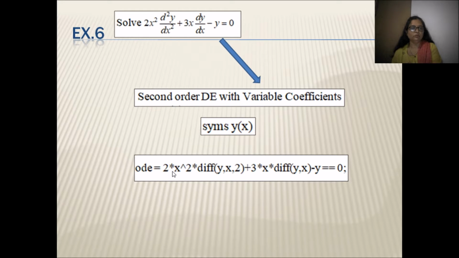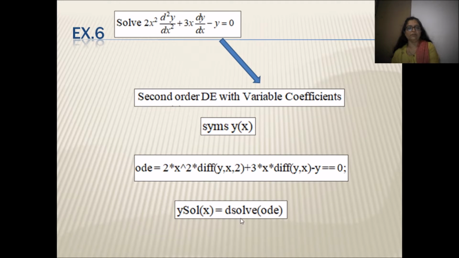Here 2 into x square into d2y by dx square, that means diff of y comma x and 2 times derivative, plus 3 into x into differentiation of y with respect to x minus y double equal 0, and y solution of x equal to dsolve ODE.